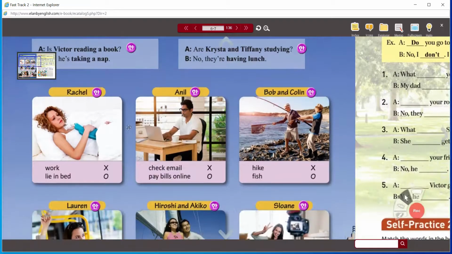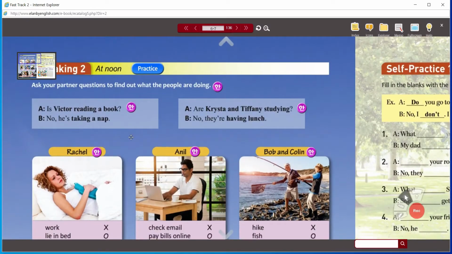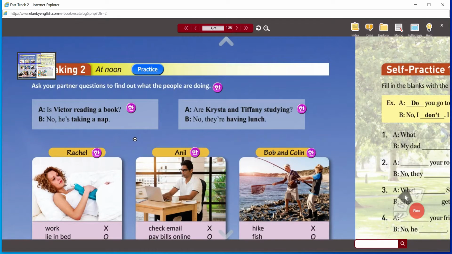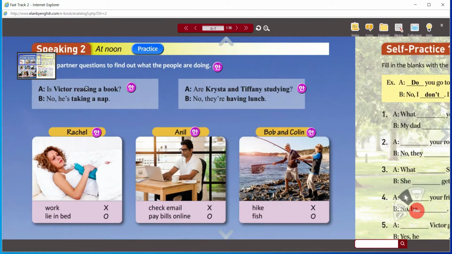So some of the people we're going to talk about are individuals like Rachel and Anil, and some of them are going to be couples like Hiroshi and Akiko, and Bob and Colin. And in this activity, we're going to be asking if they're doing certain activities. Okay?